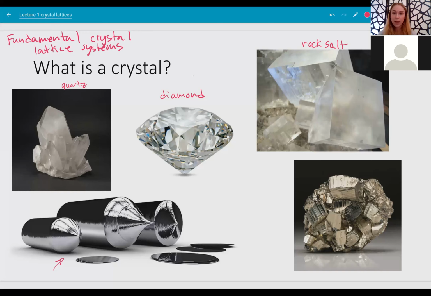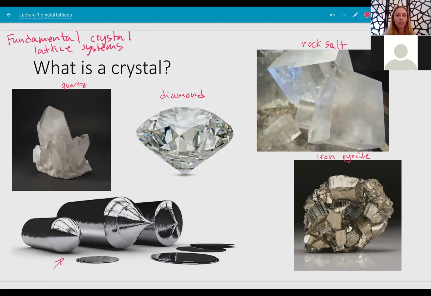Another material that you might have seen before that has a very specific shape is iron pyrite, or fool's gold. And again, the external shape of the crystallites reflects the internal microscopic structure.